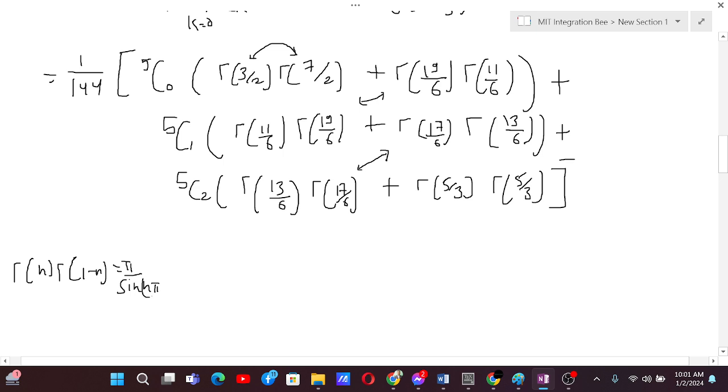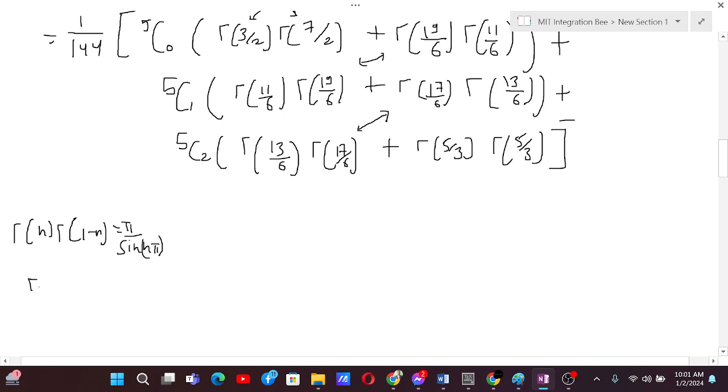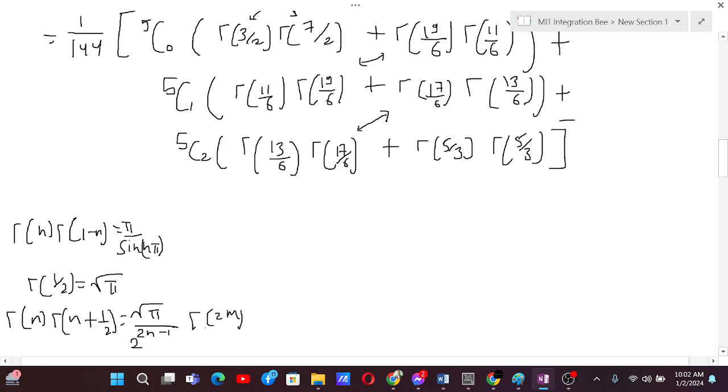For this we need the value of gamma 1 by 2 first, which equals root pi, and this value can be found from the duplication formula: gamma n plus 1 by 2 equals root pi by 2 to the power 2n minus 1 times gamma 2n. Using gamma 1 by 2 and this formula, we can find the values of all of these.